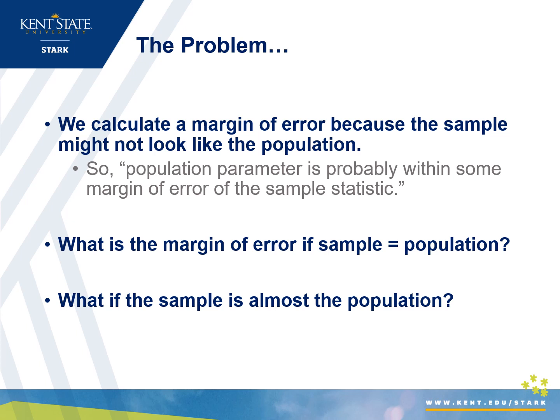So what happens if we sample almost, but not quite the population? In this case, our estimated margin of error tends to be too big using standard methods because there just isn't enough population outside of the sample to push that population parameter very far from the sample statistic. So in cases where we sample a lot of the population, we need to account for the fact that so little of the population is outside of the sample.